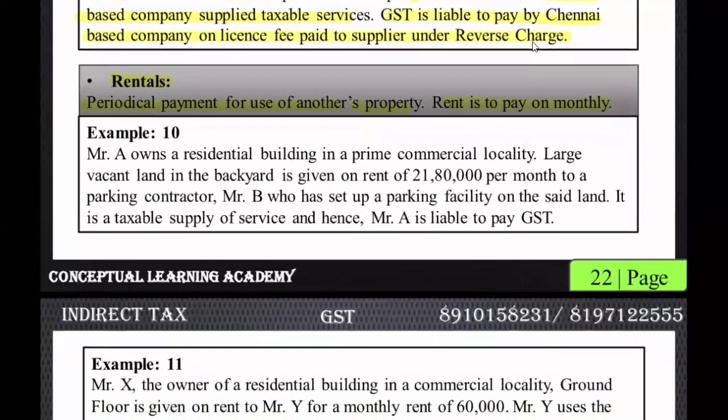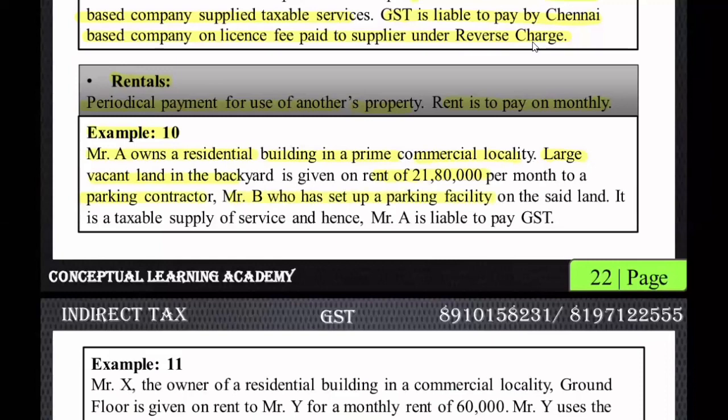Rentals example. Mr. A owns a residential building in a prime commercial locality. Large vacant land in the backyard is given on rent of 1,80,000 per month to a parking contractor, Mr. B, who has set up a parking facility on the said land.